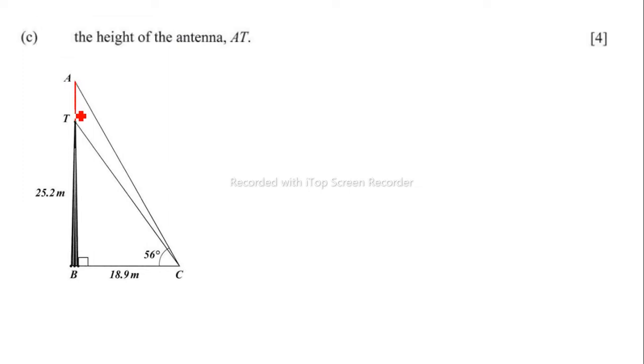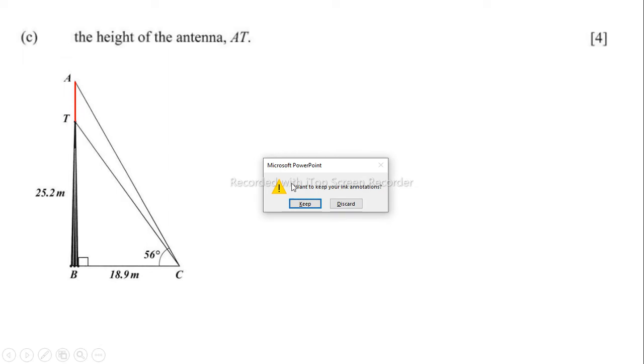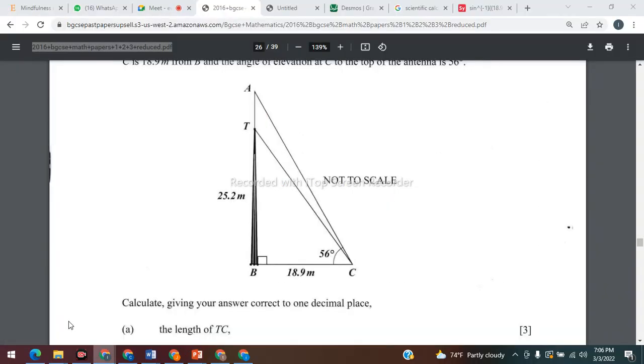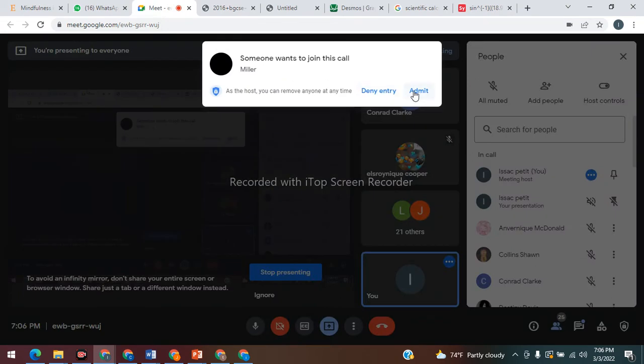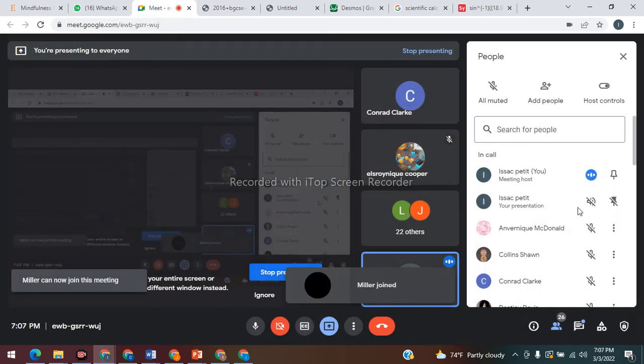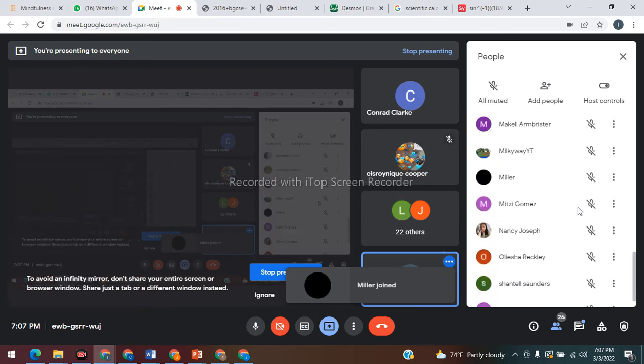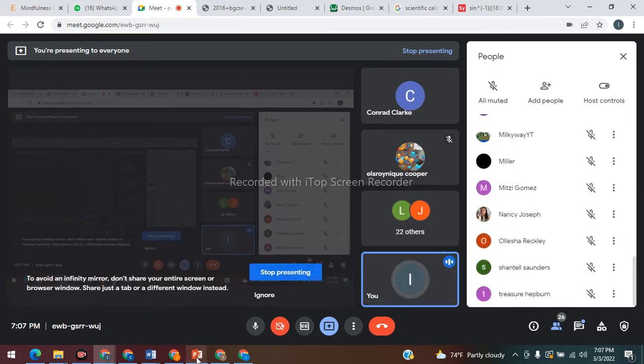That's the real question, to be honest. How can we figure out that length? Any ideas on how we could figure out what that length is? Any ideas for me?